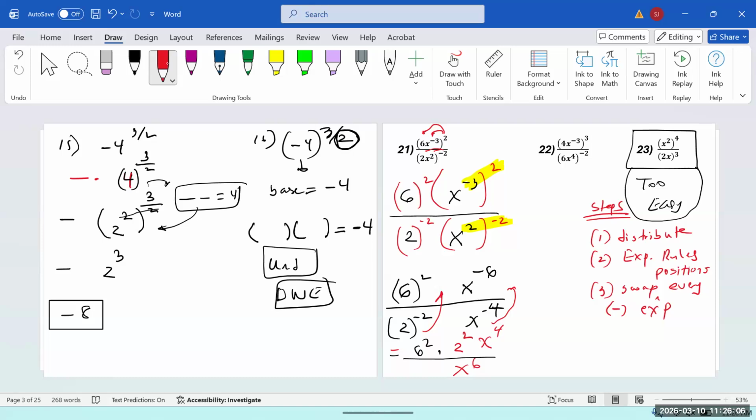But if you have a negative exponent, swap them around. And lastly, simplify. So we have another exponent rule, the division rule. What do we do with the powers in division? Subtract. What from what?